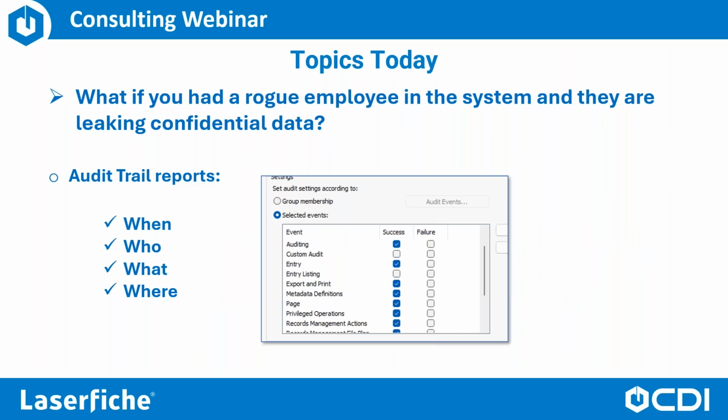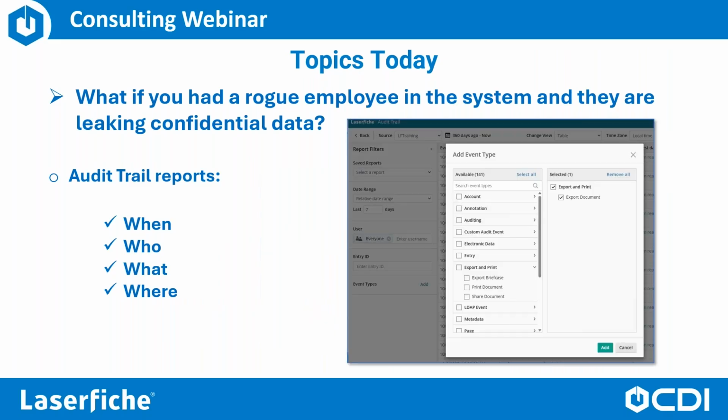Now, when it comes to audit trail, you can set the auditing even if the audit reporting tool is not installed quite yet, but licensed. If you're licensed for audit trail, you can turn on auditing events within the repository in the admin console. And then later on, when you want to, you can run reports on who did what and when and where, and run some really nice reporting.